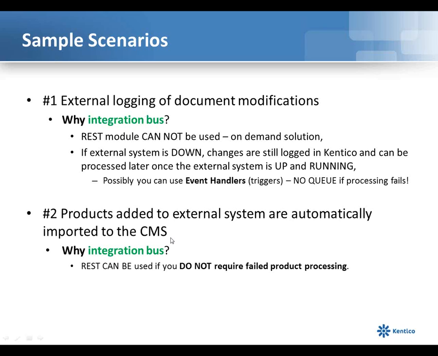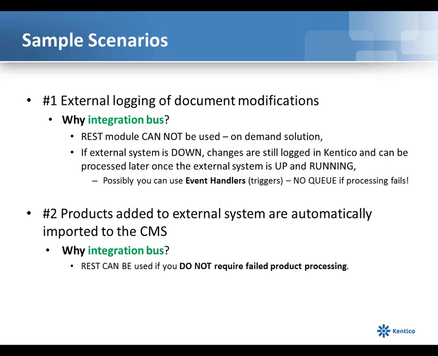And in the second example, let's just say in the external system I'm editing the products and I want to import them again into the Kentico from the external system. I could do it with a REST module, but in this case, again, if something fails or my code is not optimized in a really good way, I wouldn't be able to notice what actually failed.